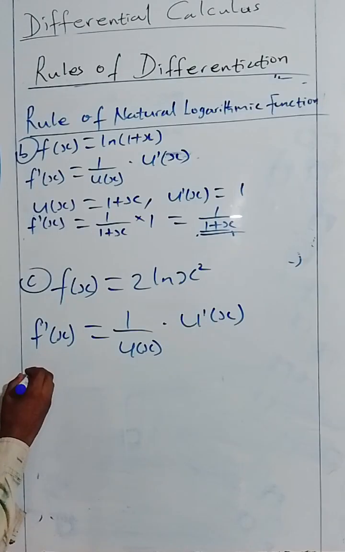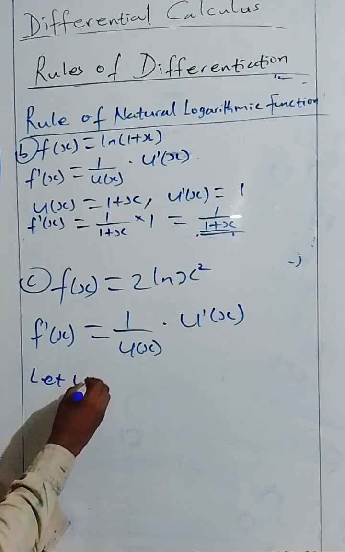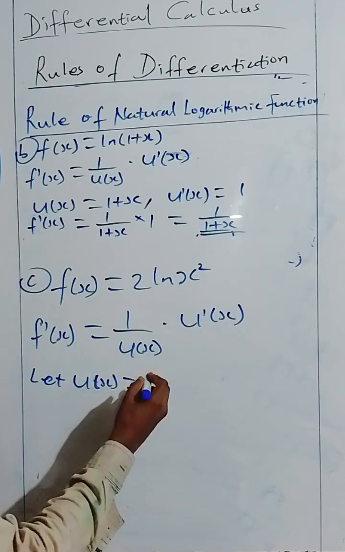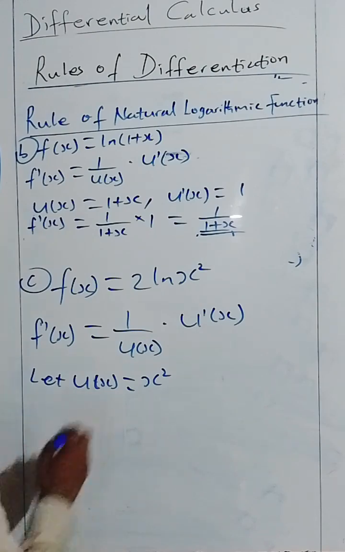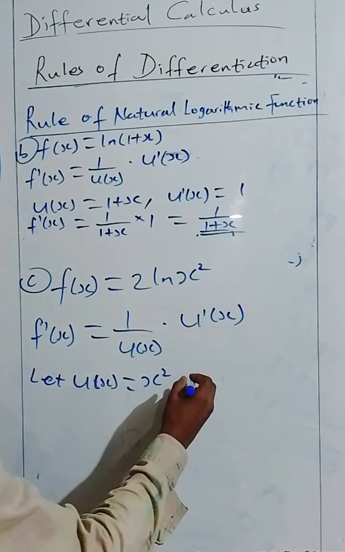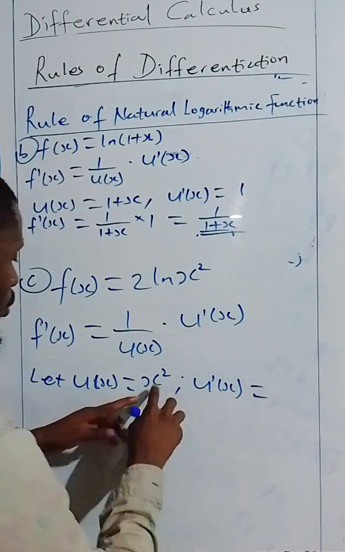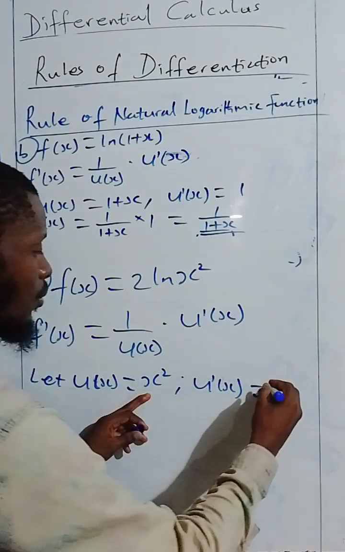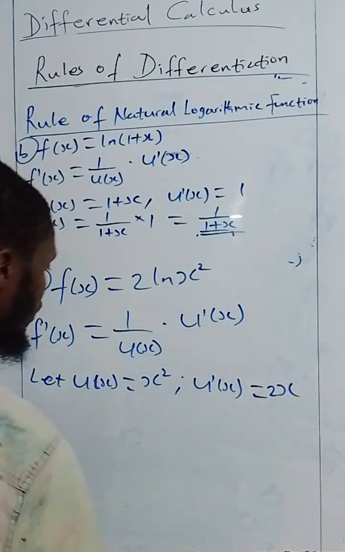So here, u of x equals x squared. Then u prime of x is, you differentiate this, you bring down the power, 2 times 1, you have 2, then we have x. 2 minus 1 is 1, so you don't need to write it there.